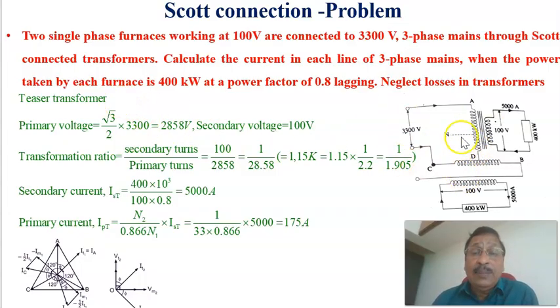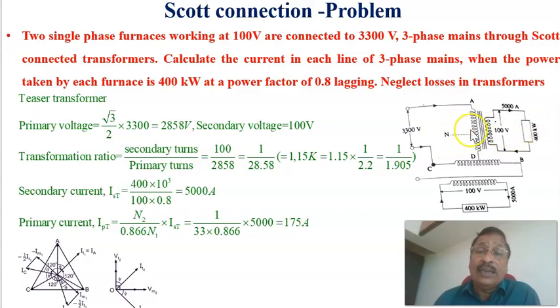Now again we come to the teaser. Let us see first the teaser transformer secondary. As you know, the load is equal to 400 kW, and of course the voltage is equal to 100 volts. The power factor is given as 0.8, so we can calculate the current through the secondary of the teaser transformer: 400 into 10 raised to 3 divided by 100 into 0.8, which is equal to 5000 ampere. And that is reflected here.